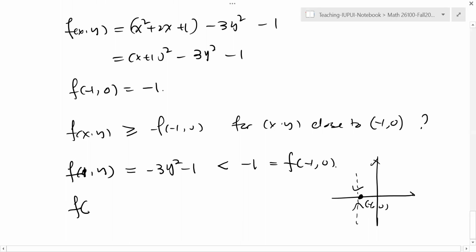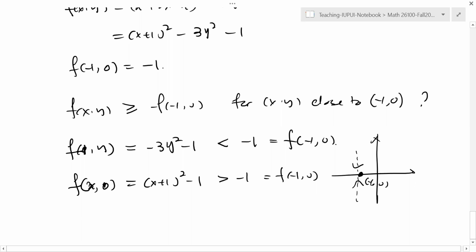However, if you consider the points along the x-axis, then you get x plus 1 squared minus 1, which is going to be greater than negative 1. So no matter how close to the point, the value of the function could be either greater than negative 1, or less than negative 1.